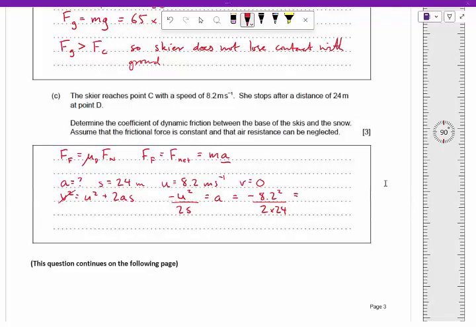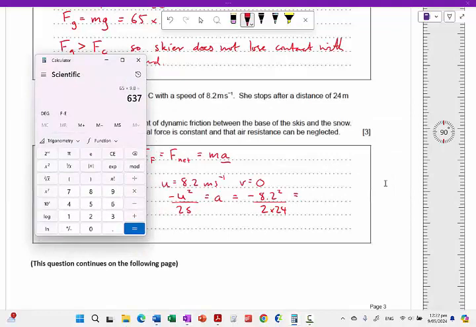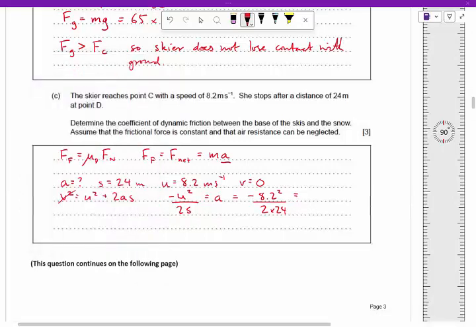Okay, so then we go 8.2 squared negative, divided by 2 times 24, is negative 1.40 meters per second squared.